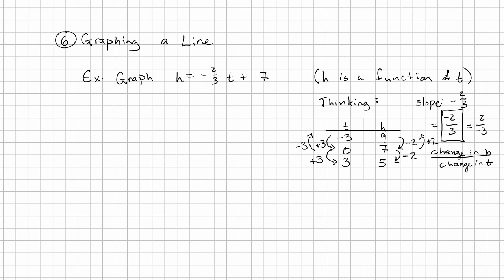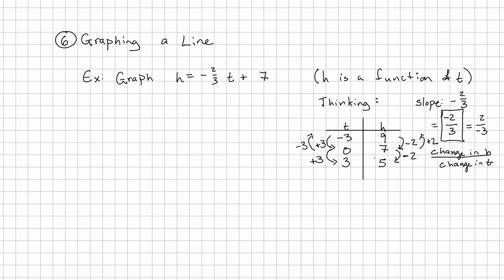Okay, so when I draw my graph, I want my t's to go to the left to -3, maybe, depending on my situation. It might be that in my model negative numbers don't make sense, but there's nothing here that tells me that negative numbers don't make sense, so I'm going to go ahead and use them. I want my t to go to the left to -3.